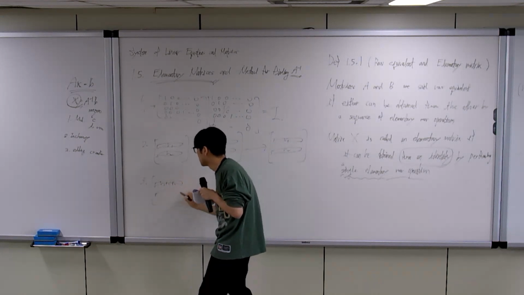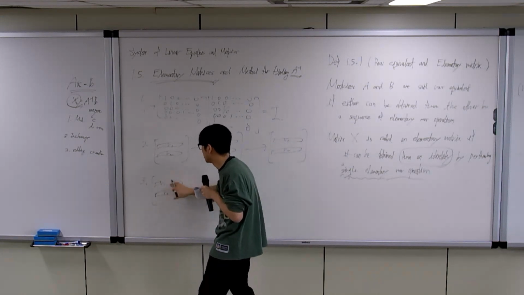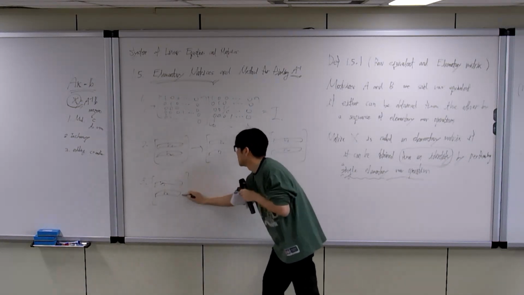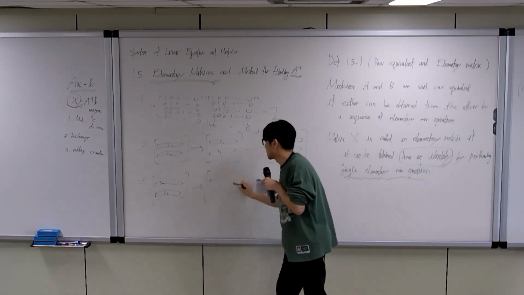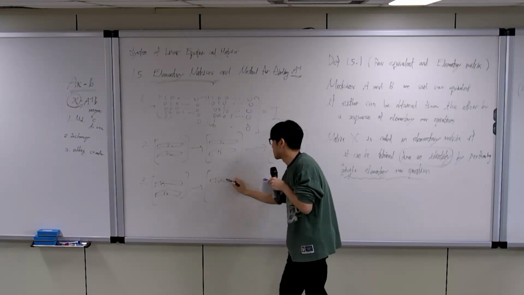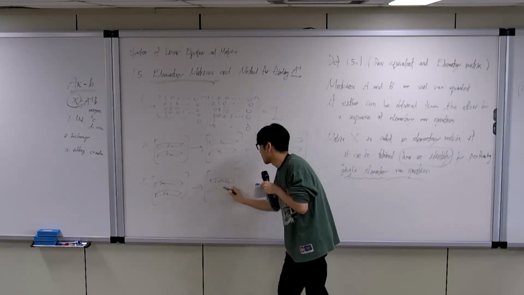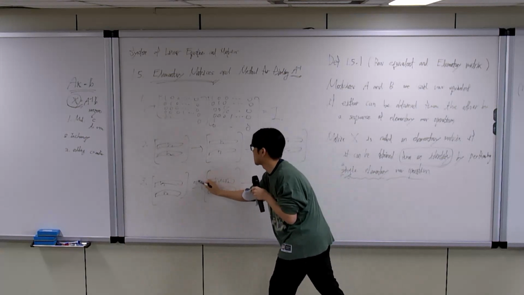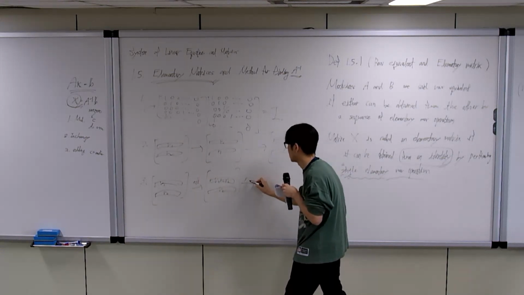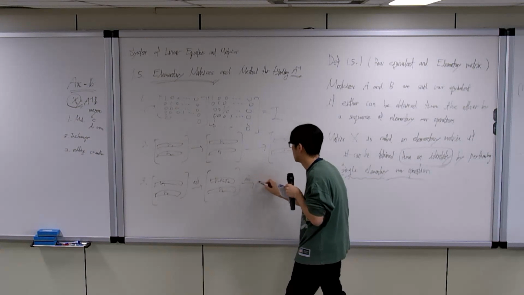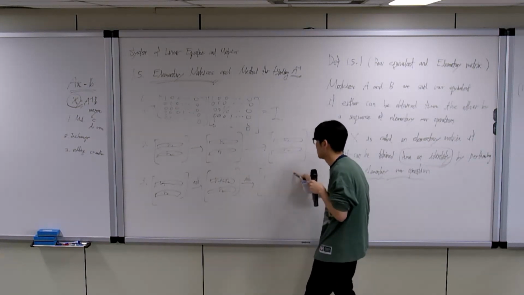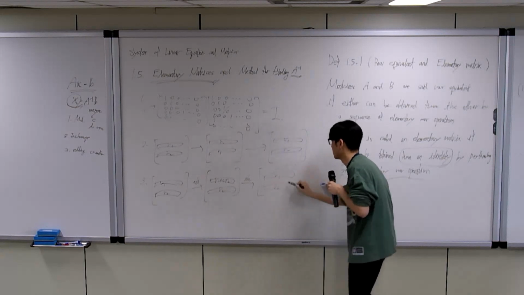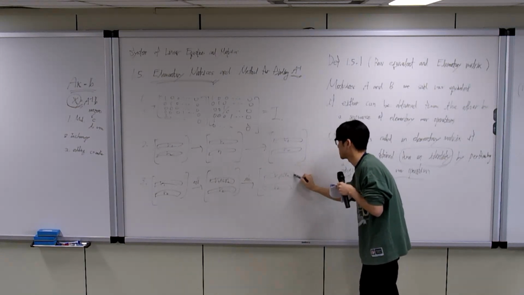It gave us R1 plus C R2, and by subtracting that operation, we get minus C R2.